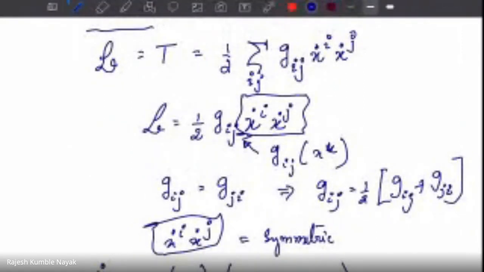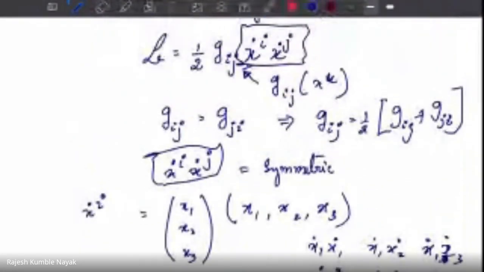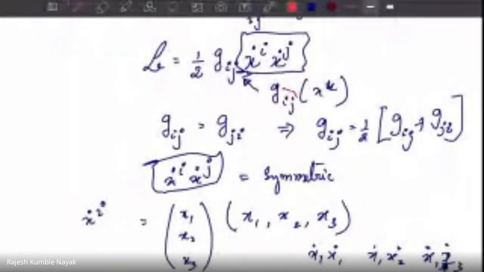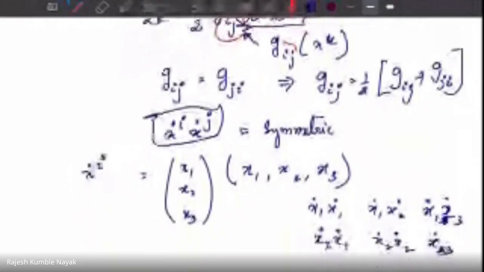But if I change only the indices ij and ji, you flip these here, nothing is going to change, or you flip here only, nothing is going to change. So that means both these quantity matrices are symmetric.